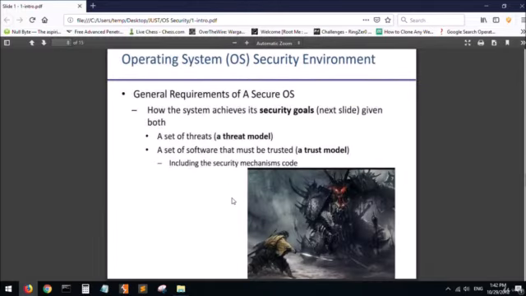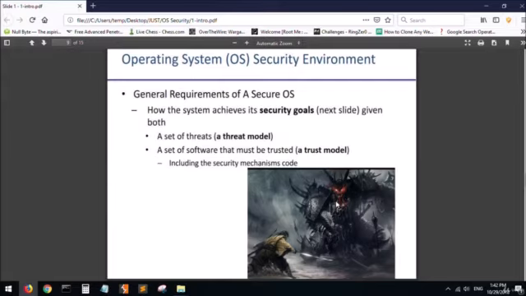Operating system security environment. Now there is a general requirement of a secure OS: how the system achieves its security goals. I will tell you about the security goals in the next slide. But we have two models: a threat model and a trust model. Look at this image. This image is the threat model.